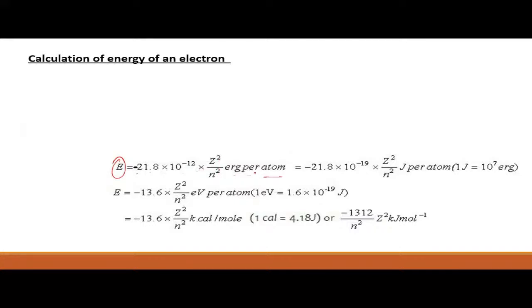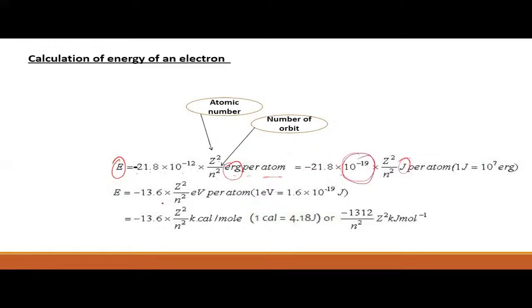Here Z is atomic number and n is number of orbit or energy level or shell. If we convert this erg into joule per atom, the value becomes minus 21.8 into 10 to the power minus 19.